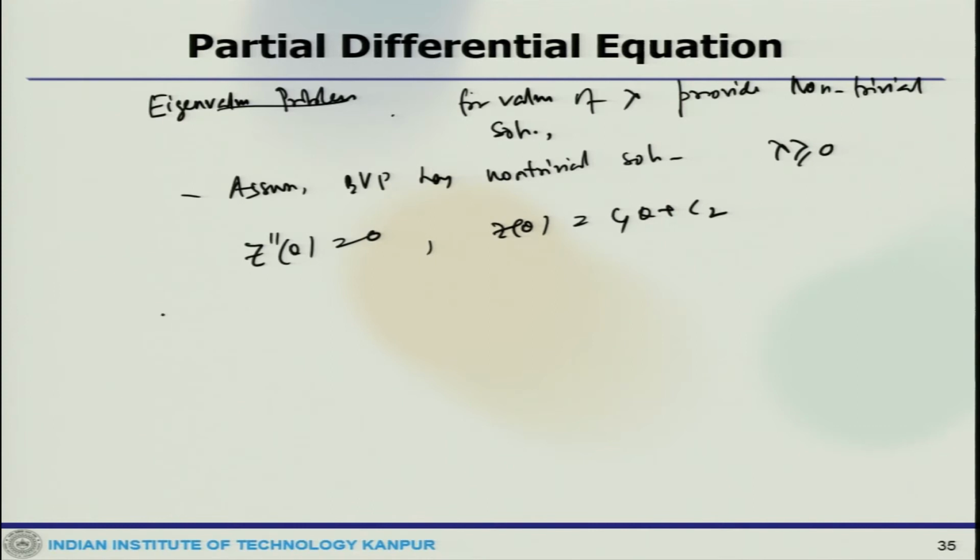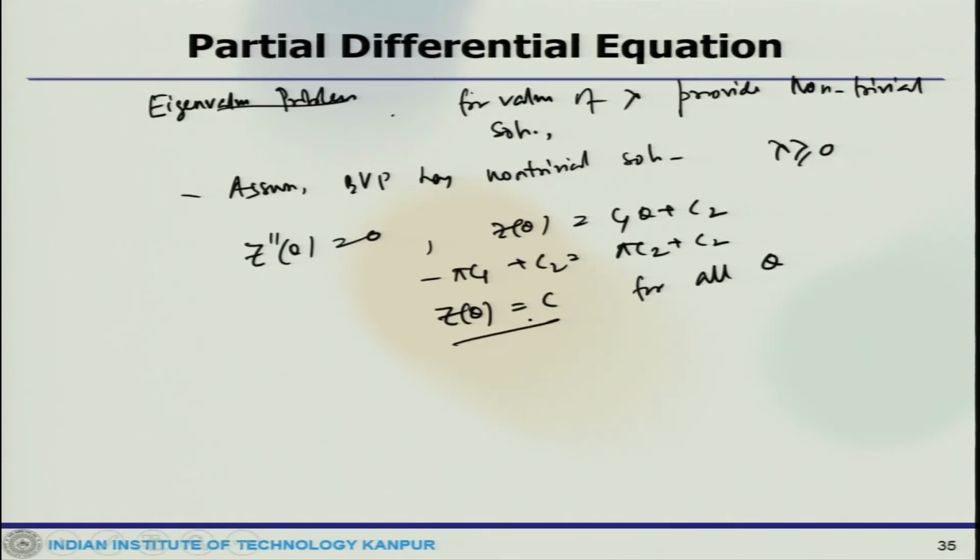Now, if we apply the first boundary condition, we get C1 pi plus C2 equals minus C1 pi plus C2, so z theta is C for all theta. In particular, if C is not equal to 0, then z theta is C for all theta, which is a non-trivial solution, and so lambda equals 0 is an eigenvalue.